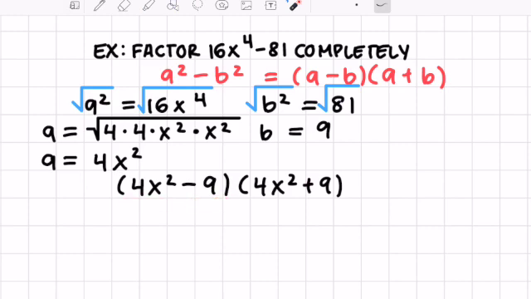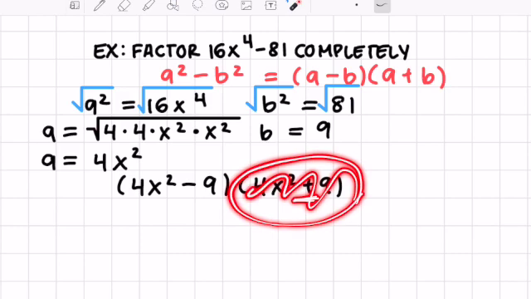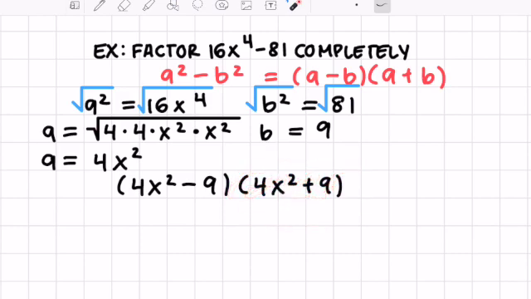So I don't really have to look at this one here because it's positive, so I could just ignore it for now. But I do have a negative sign here, so I want to see if these two terms are square rootable. If they are, then we can continue on with using the special factor, the a squared minus b squared.